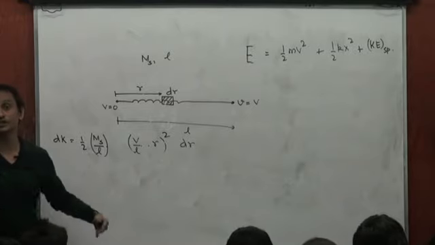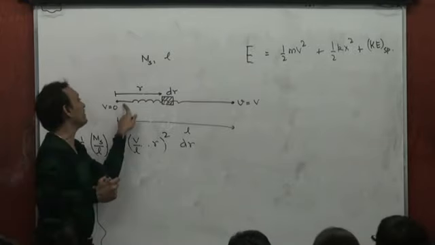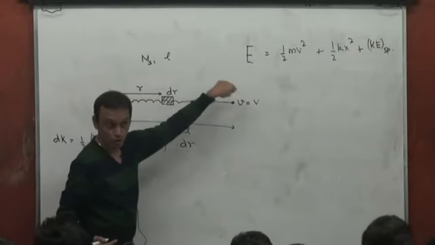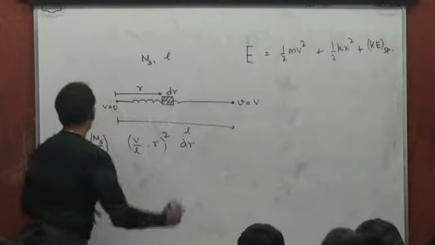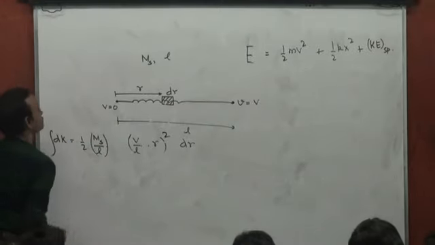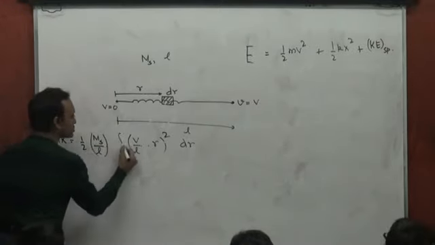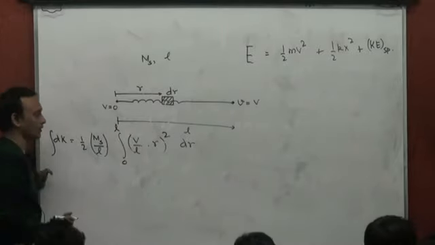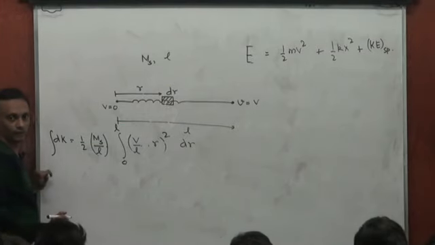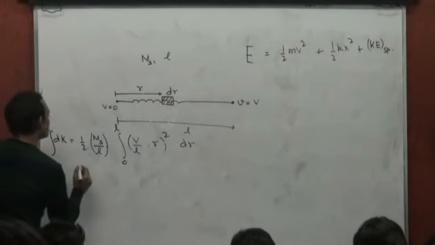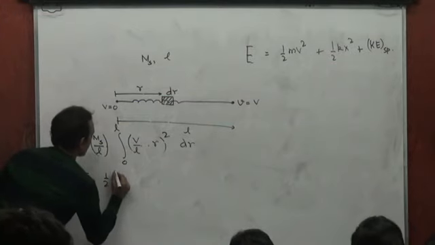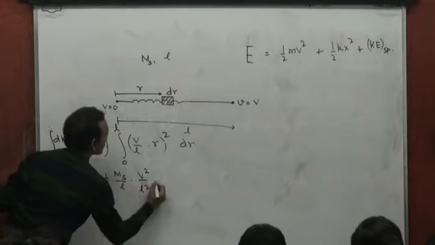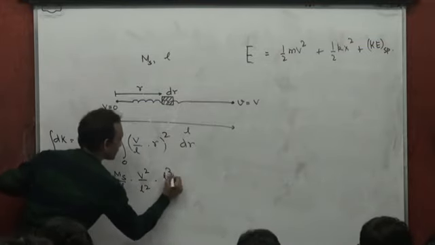The total kinetic energy would be the sum of the kinetic energies of the various drs where r runs from 0 to L. Yes or no? So the total kinetic energy, ms by L, etc. is constant, would be the sum of all of this where r runs from 0 to L. Which is half of ms by L into v squared by L squared into L cube by 3.